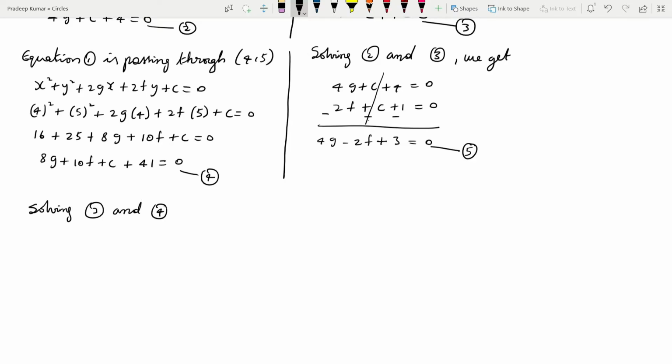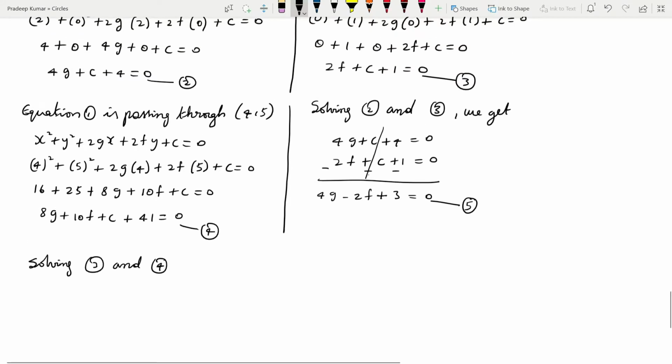The third equation is 2f plus c plus 1 equal to 0. This is the third equation, and here is the fourth equation. I can write this as 8g plus 10f plus c plus 41 equal to 0.